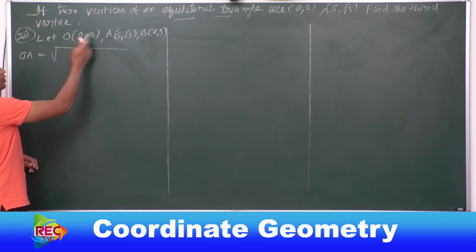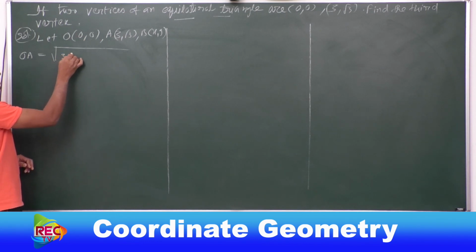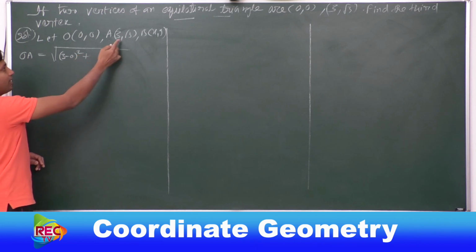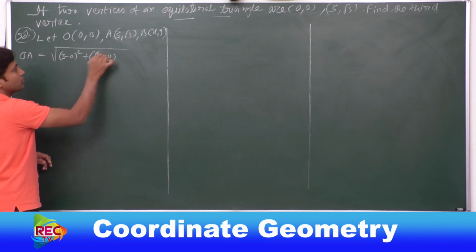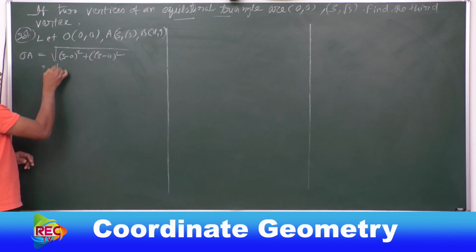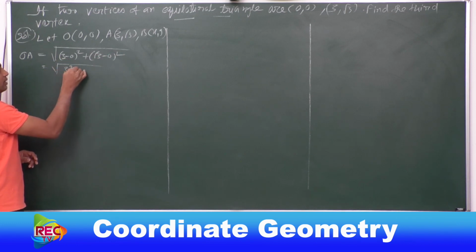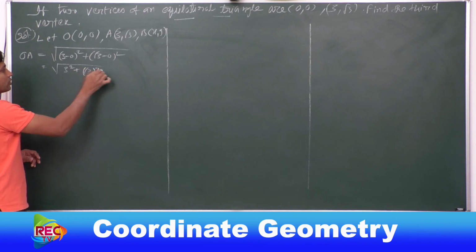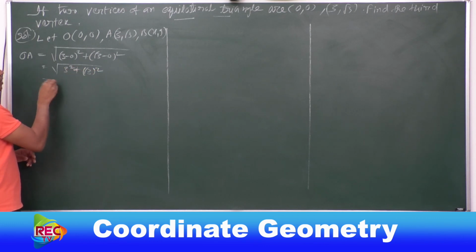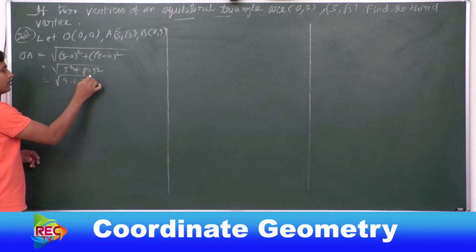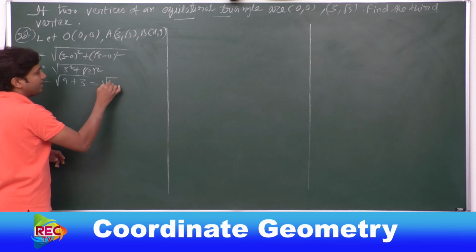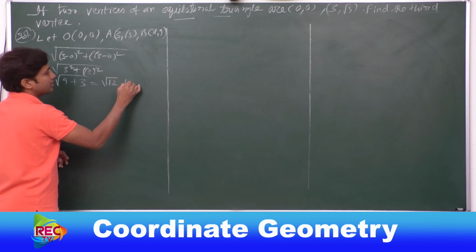See here, x2 minus x1 whole square would be 3 minus 0 whole square, and y2 minus y1 whole square would be root 3 minus 0 whole square. So here this would be 3 square plus root 3 whole square. Got it? So now this 3 square would be 9 and the root 3 square would be how much? 3. So this is finally root 12 units.